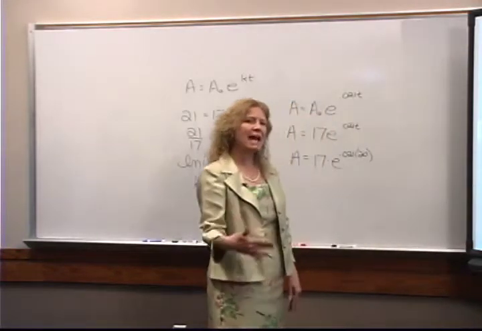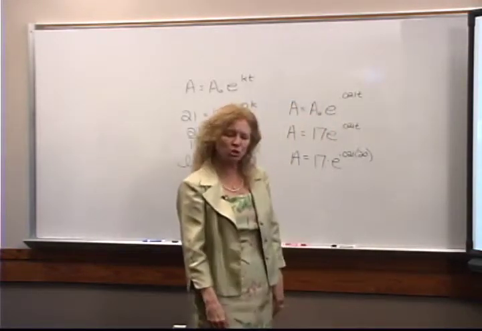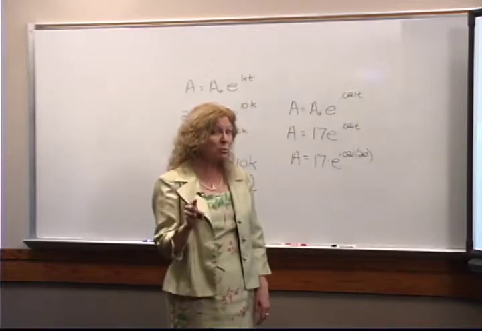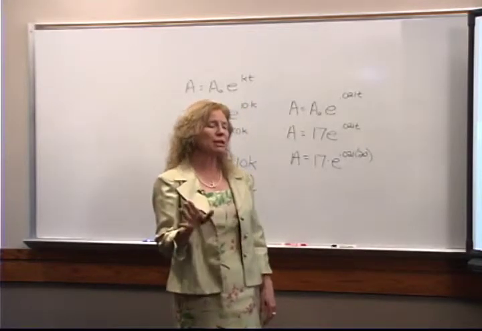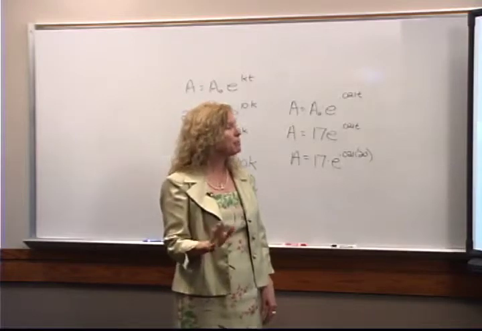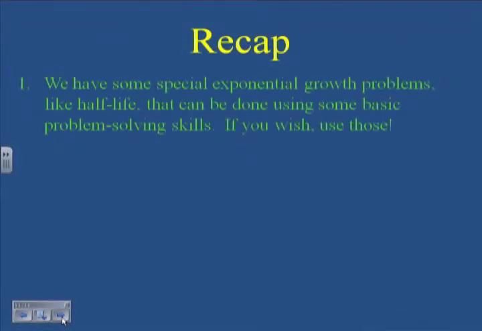So let's recap what we've done here with some exponential growth and decay, and we'll be spending some more time looking at some other types of population growth in the next lesson. We do have some real special exponential growth problems, the half-life, and if you like, you can use your common sense and approach those from that perspective.